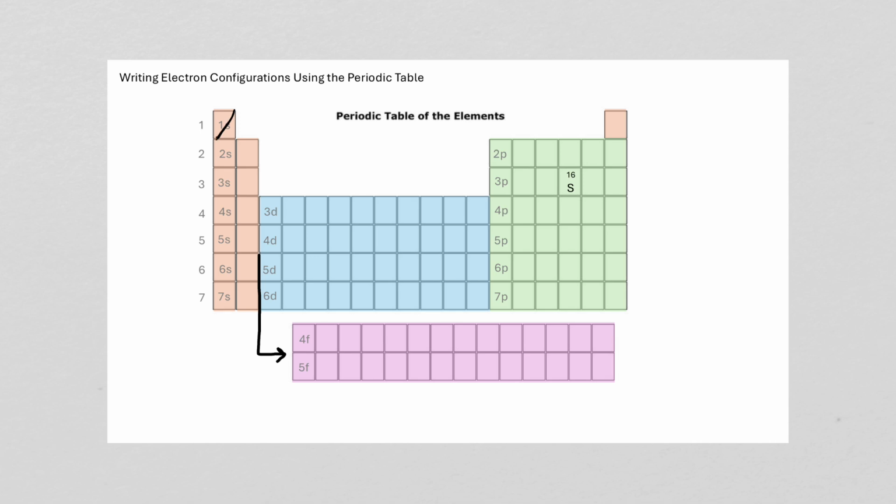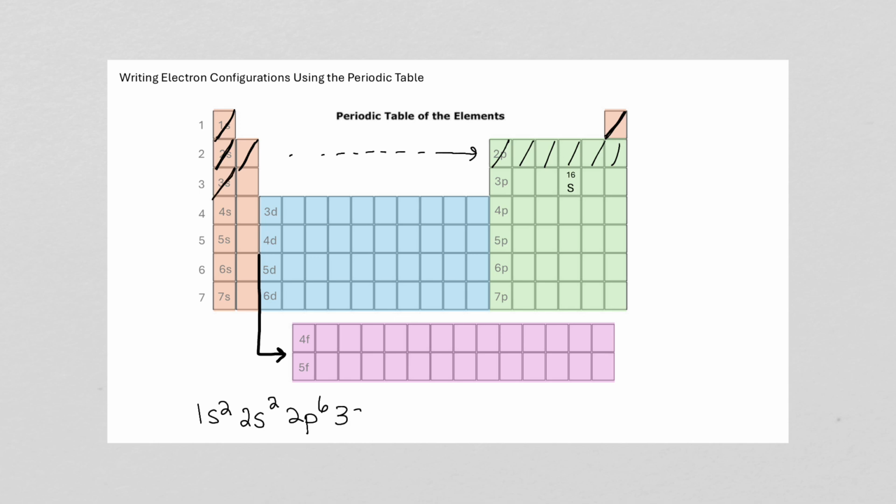So this would be the 1s1. This is the 1s2. Now I come down to the next row. Now I'm in 2s, so this would be 2s1, 2s2. Now I go across and I'm in my 2p's. So I have 2p, 1, 2, 3, 4, 5, 6, 2p6. And remember, the p subshell is going to only hold 6 electrons. Then I come down to the next row. Now I'm in n equals 3.